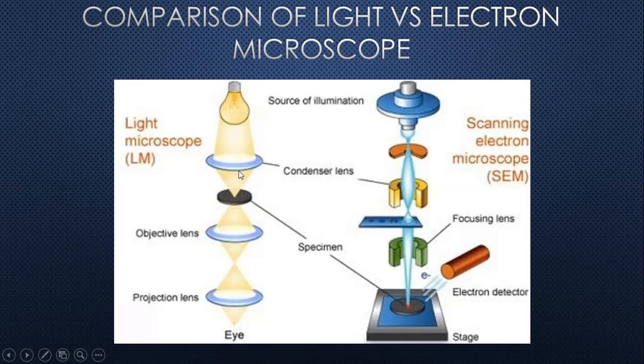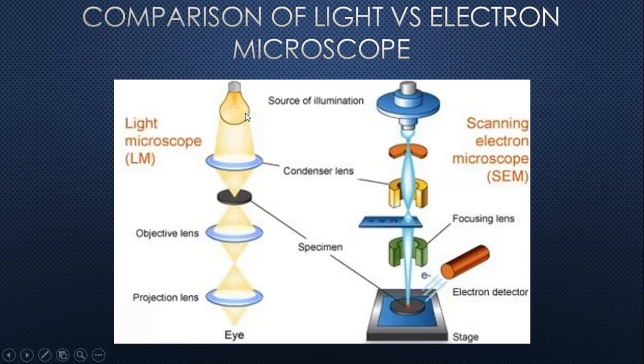Then we use the condenser lens to condense the light so as to focus on the specimen to be observed. After focusing on the specimen, the light goes to the objective lens, and finally through the projection lens we can observe with our eyes.